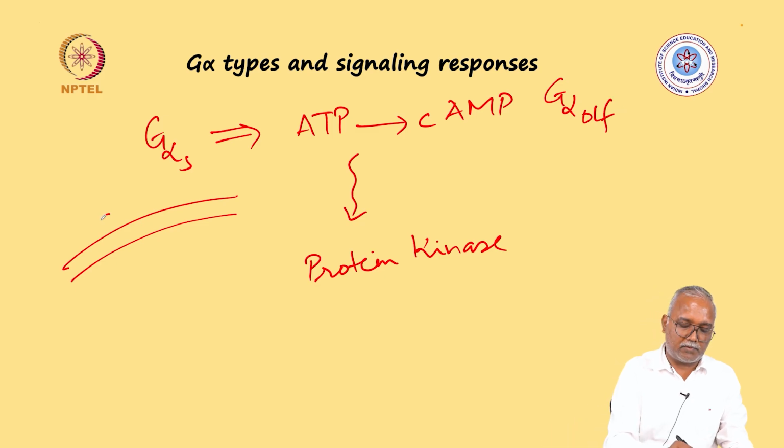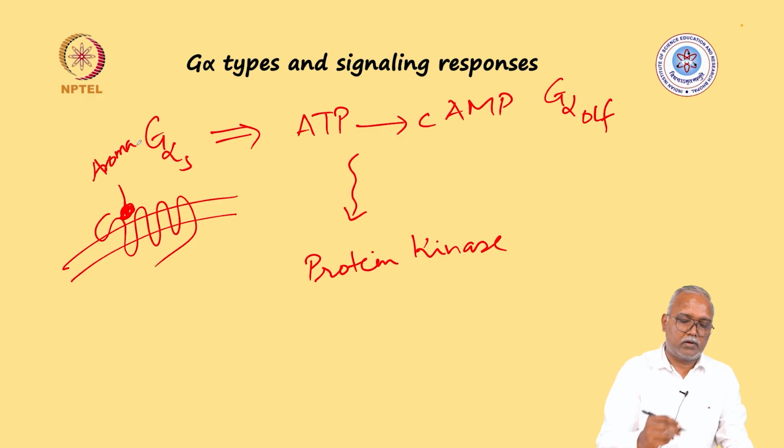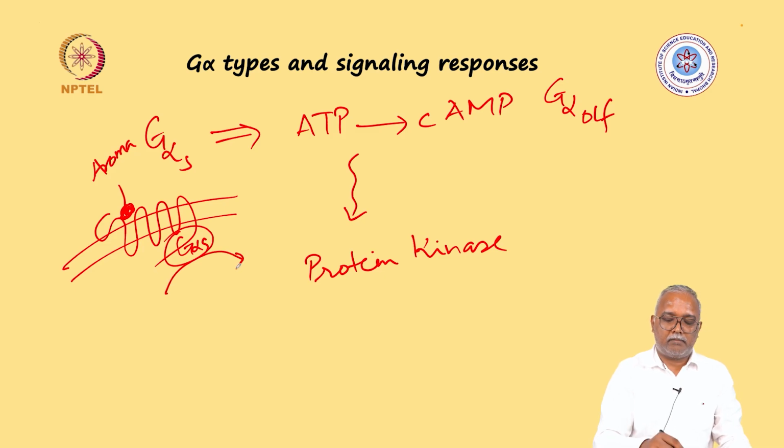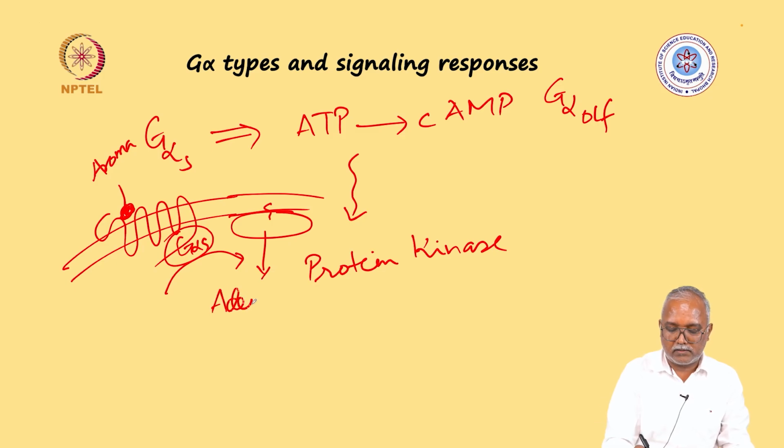So now think about a receptor which is there in the membrane, and it recognizes, binds with a smell molecule, any aroma, and this will bring the G-alpha-S, activate it, and this activation will look for the molecule which is also membrane bound, and this enzyme is called adenylyl cyclase.